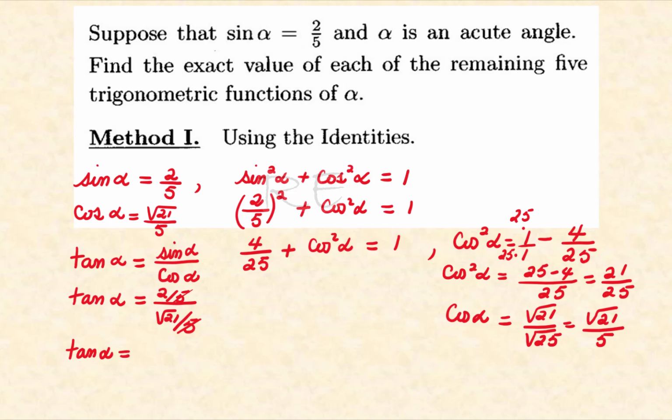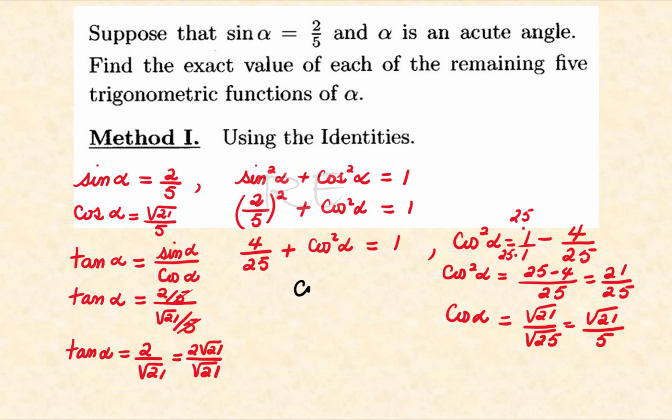Therefore, tangent alpha is equal to 2 over square root of 21. And when we rationalize 2 over square root of 21, we will get 2 square root of 21 over 21.